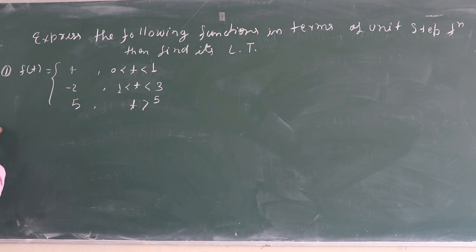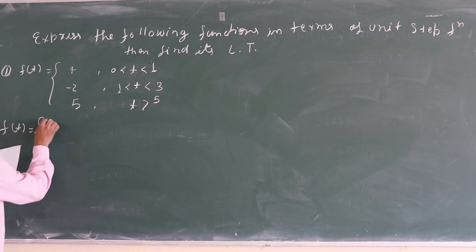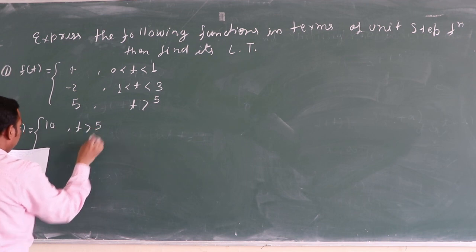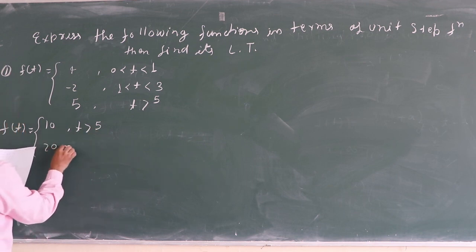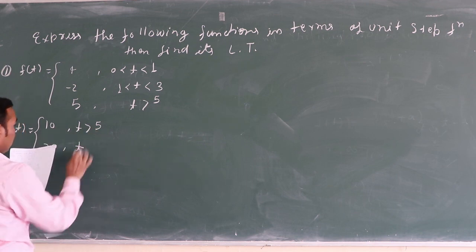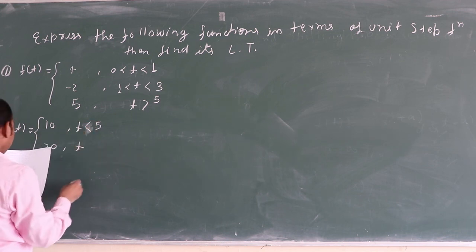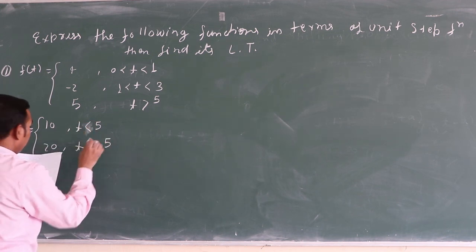And the second one is f(t) equal to 10 if t less than 5, and 20 if t greater than 5.